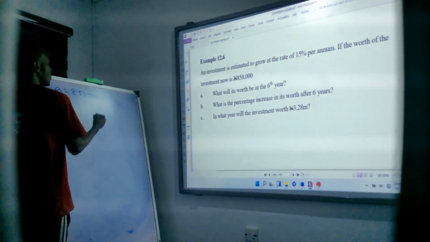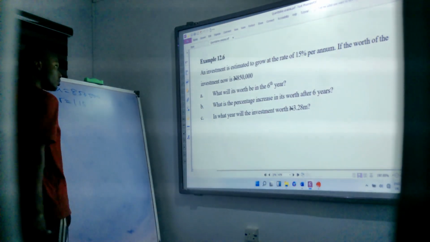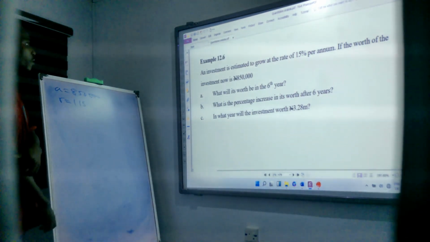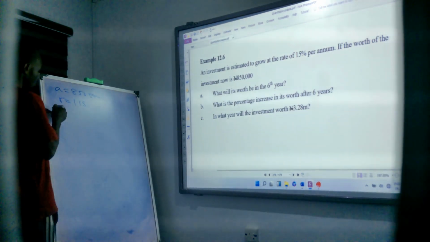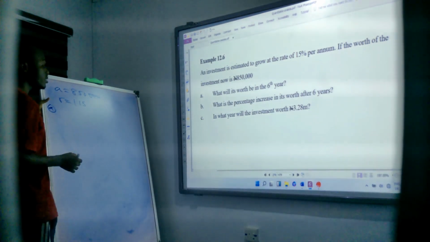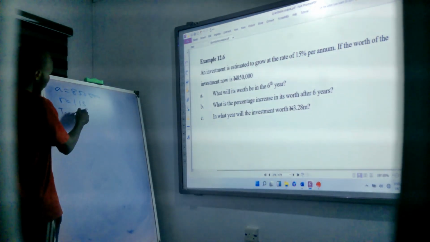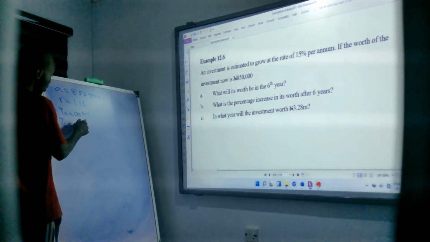My first term is 850,000 naira, and my common ratio is 1.15. It's increasing, not falling. 15% is not the common ratio, don't mix it up. So what will be the worth in the sixth year?